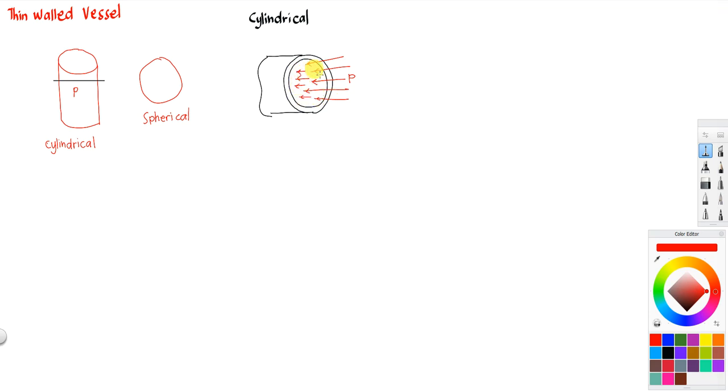Pero yung pressure na yon, to get the resultant of that pressure, this would become the P, and then it applies on the inside area. Dito, for example, meron kang radius.